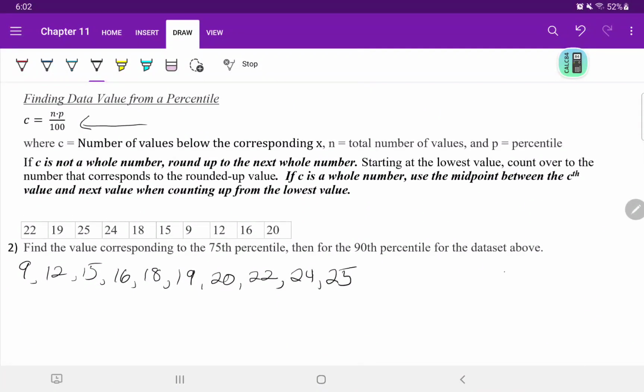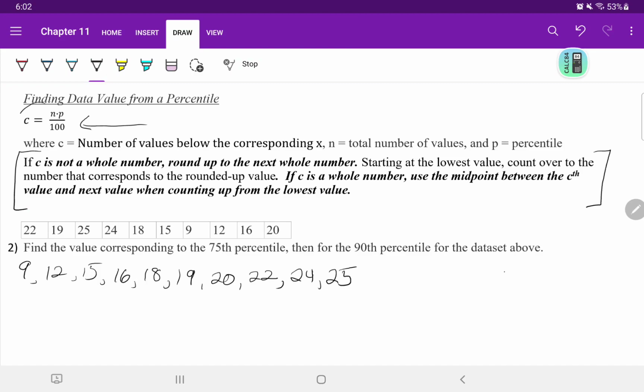So we're going to use this formula with the same data set as before, already put in order from smallest to largest, and we want to find values corresponding to the 75th percentile and to the 90th percentile. Before we continue, you need to understand what is being written right here.